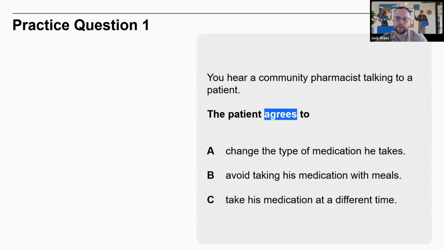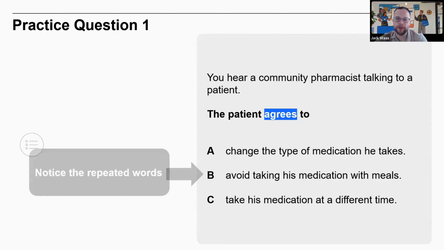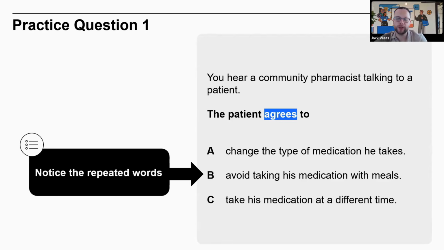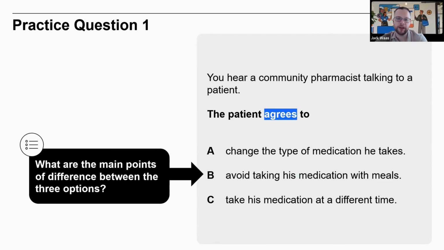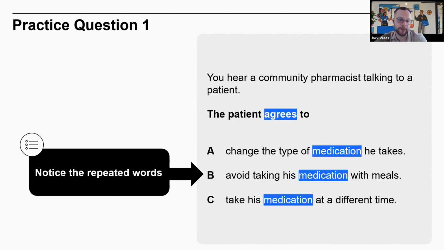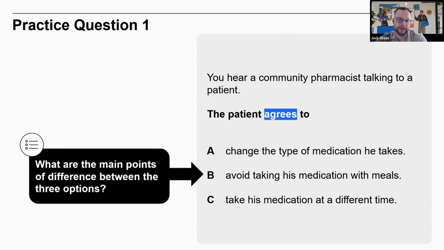Then we have the three answer options, and I want you to notice the repeated words in them. They all mention medication, but what are the main points of difference? A says to change the type he takes.